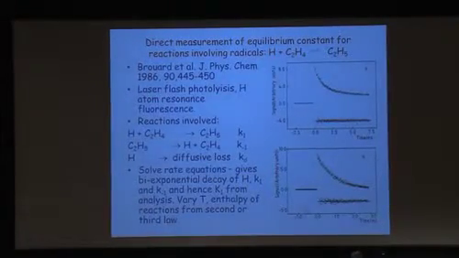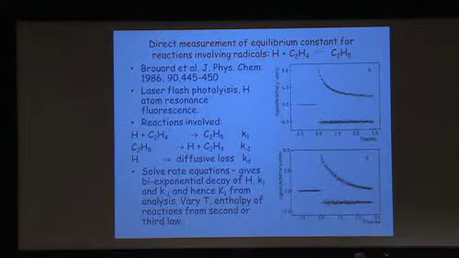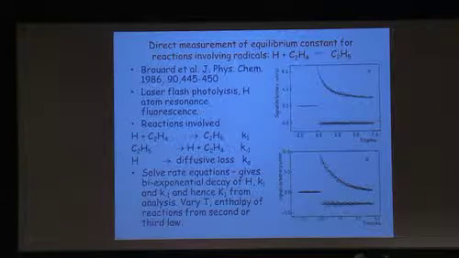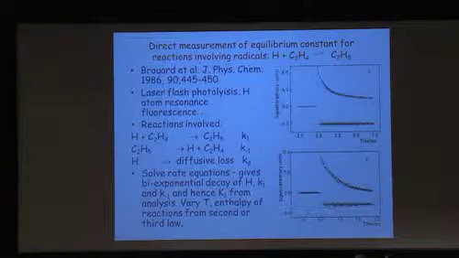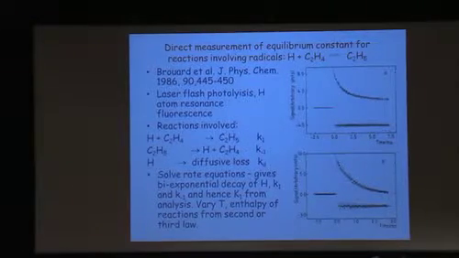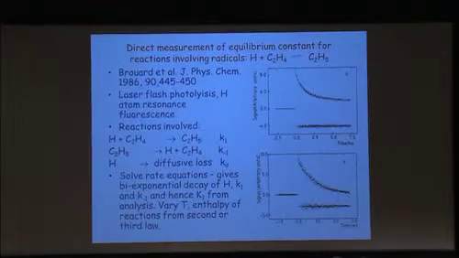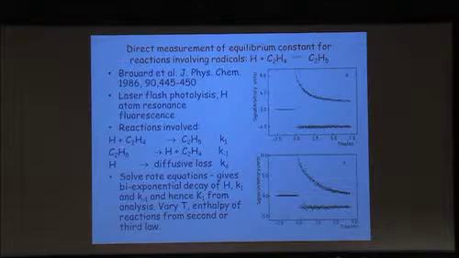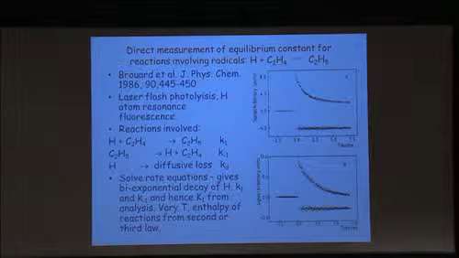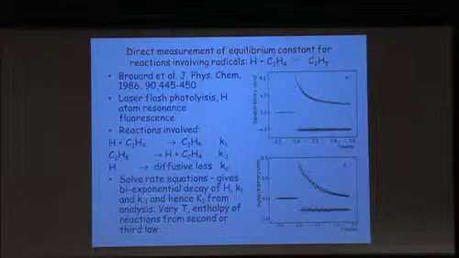Another way of doing it is to look at the reaction under equilibrating conditions. And so we've got H plus C2H4 forming C2H5. This is generating H by pulse photolysis, allowing it to react with ethylene and form this ethyl radical. The ethyl radical at low temperatures will be stable, but at higher temperatures, it can dissociate back to form H plus C2H4. This is the time dependence of the hydrogen atom at low temperatures, where this reverse dissociation doesn't occur.